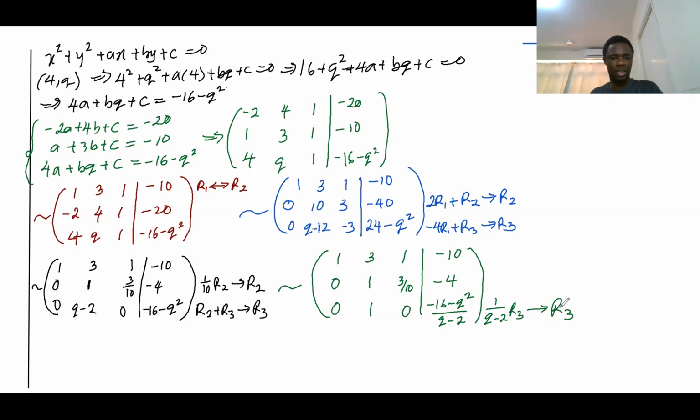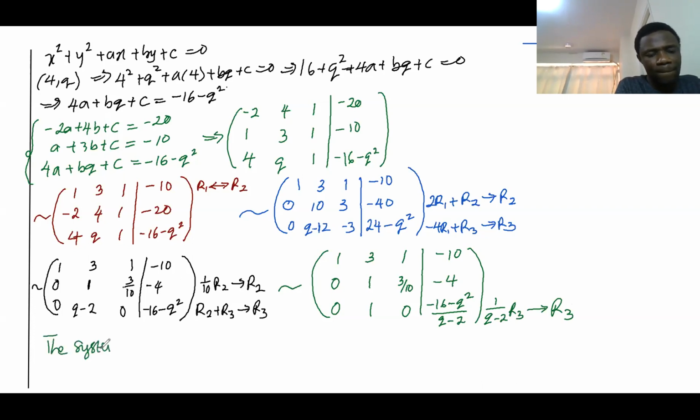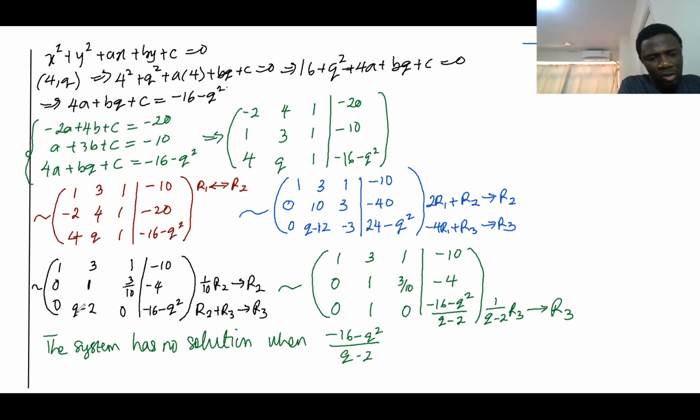So with this, you can answer the question. The question says, find the value of q for which this system has no solution. What happens when the system has no solution? The system has no solution when this fraction, right? Actually, we can do that from here, okay? When this is equal to 0. So we don't have to get to this point. Understood?